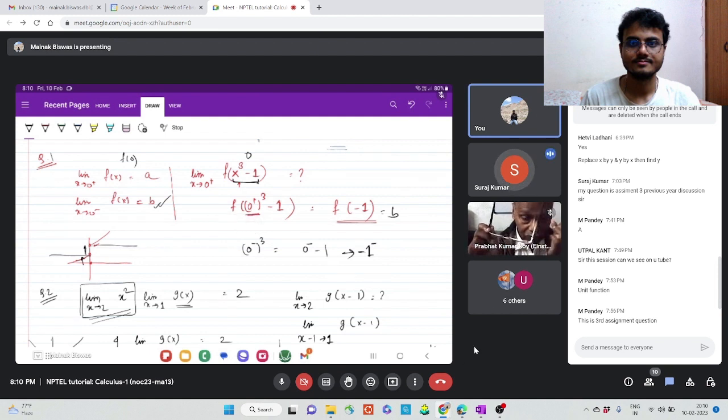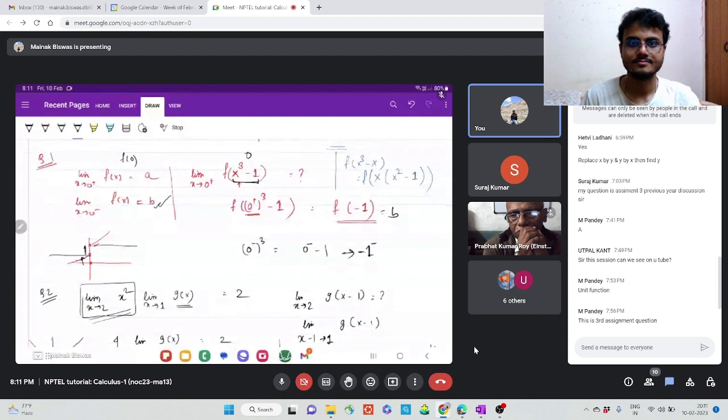X cube minus x, sir. Is this number 0 minus or plus?